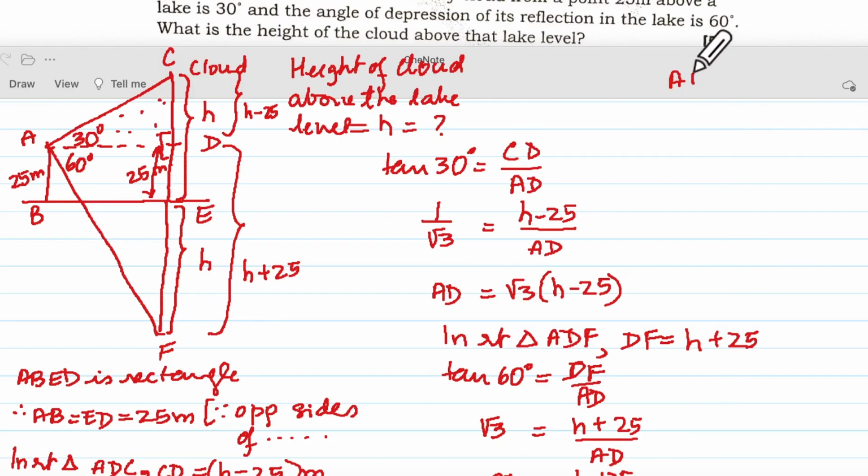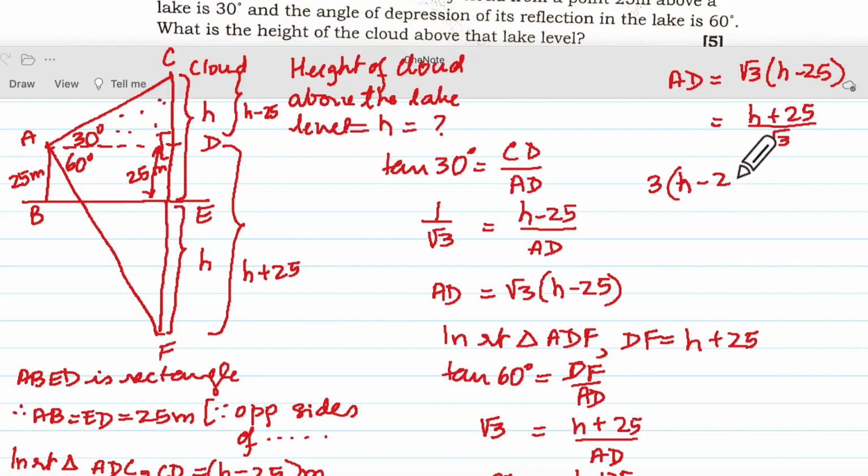Then AD equal to root 3 into H minus 25, which is also equal to H plus 25 upon root 3. Correct? So root 3 multiplied, so 3 into H minus 25 is equal to H plus 25. And you solve this, you'll get your answer. Okay, so it's not a big deal.